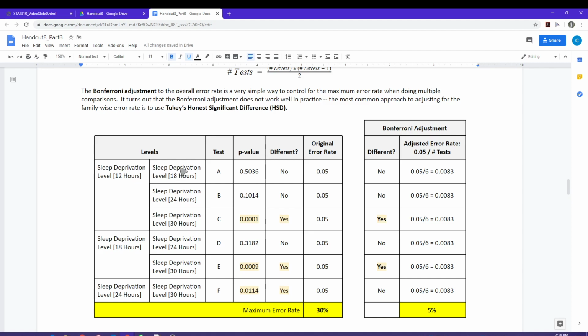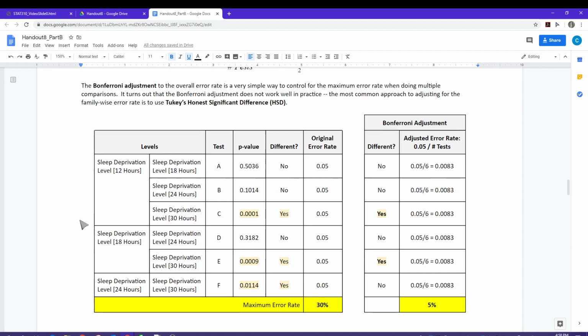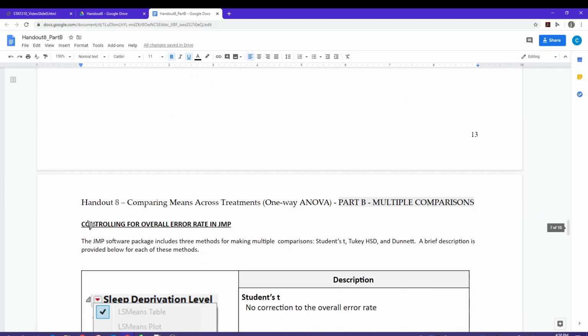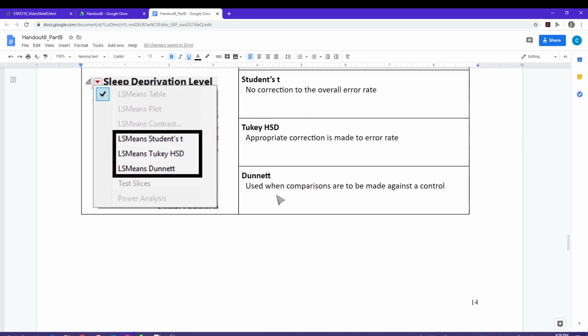So here I would be comparing 18 against my control, 24 against my control, and 30 against my control. I'm not interested in doing all comparisons here. I'm just interested in making comparisons against one other level. So that's going to reduce the number of tests that need to be done. And Dunnett's procedure is the procedure that is appropriate in that situation.